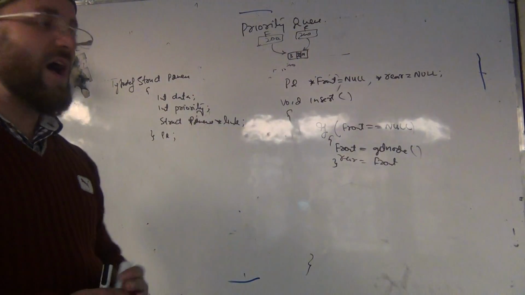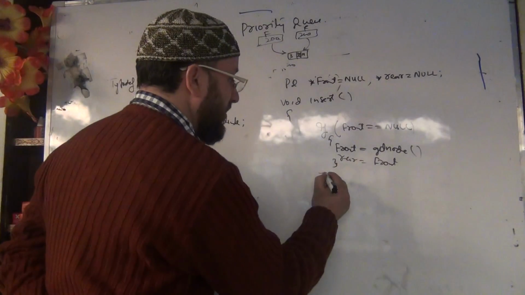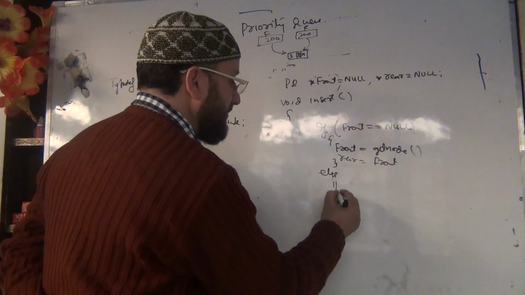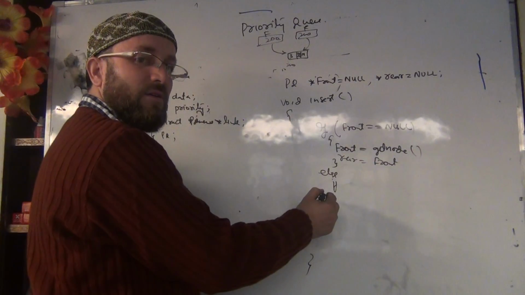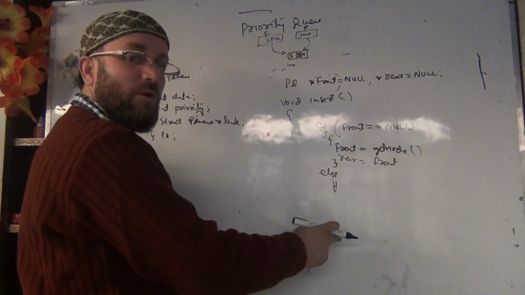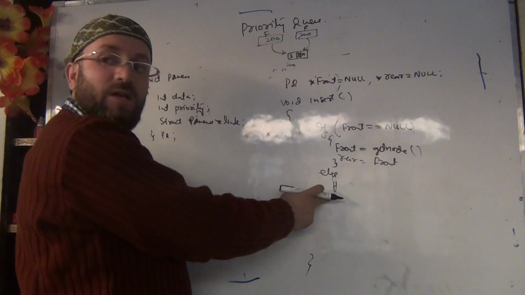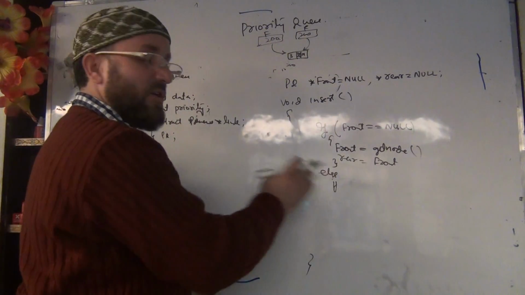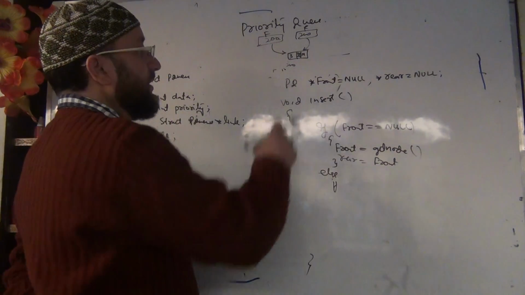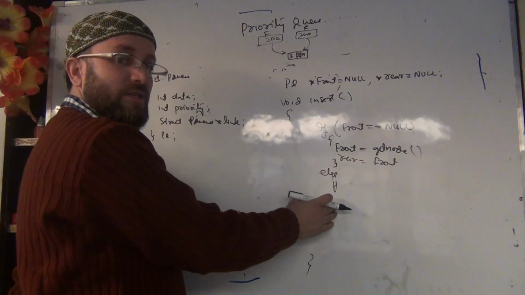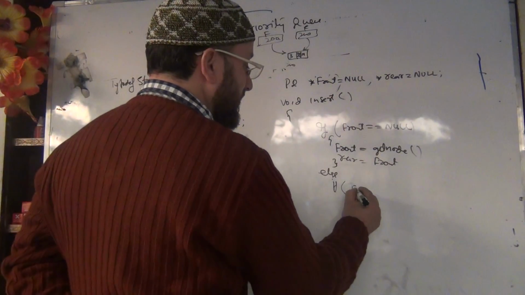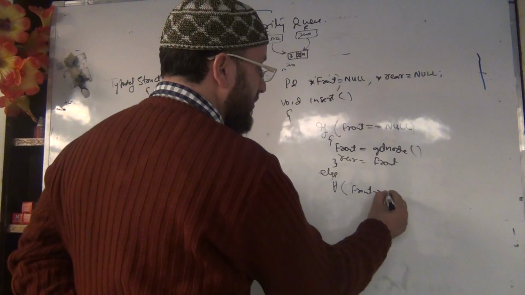So I will say else if, because otherwise it will fall through. If this is true, then it should not go downwards, so I should say else if. If this is false, then it can go down. This time it is false, so it should go down. So else if what? Front arrow priority.